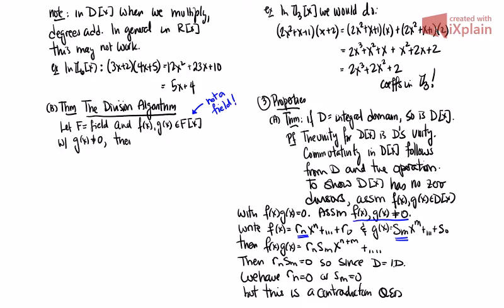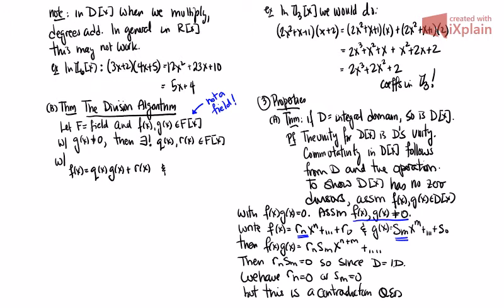Then there exist a unique quotient and remainder with f of x equal to the quotient times g of x plus the remainder.